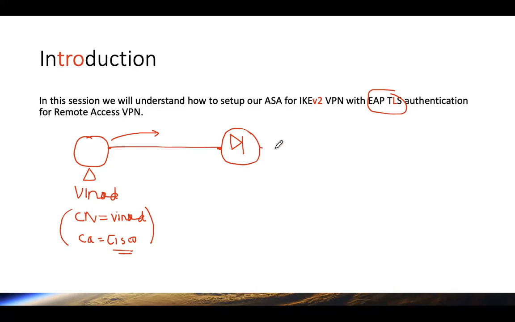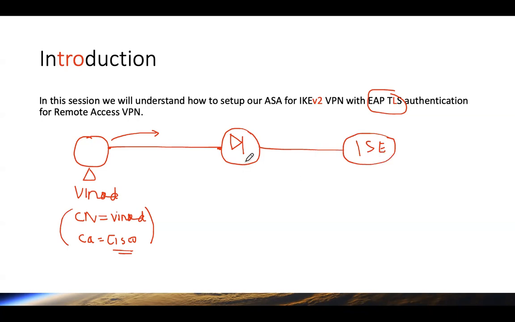And for authorization, ASA used to contact Cisco ISE. So if you want to see how this is configured, please refer to my previous video where I have given a very good demonstration of how that certificate-based authentication works.